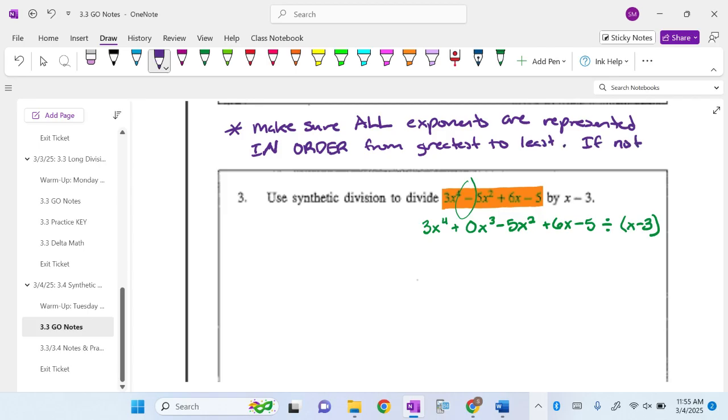If not, replace the missing exponent with a coefficient equal to 0.